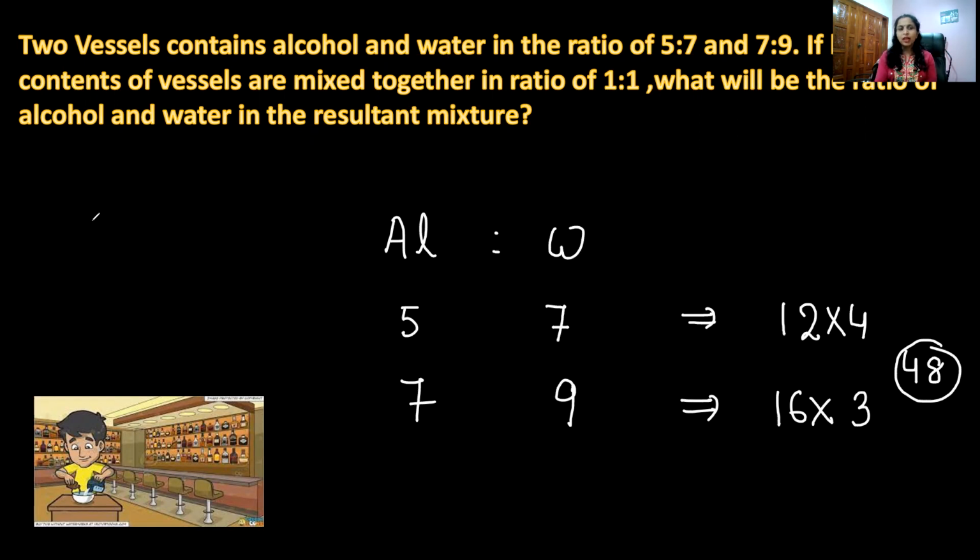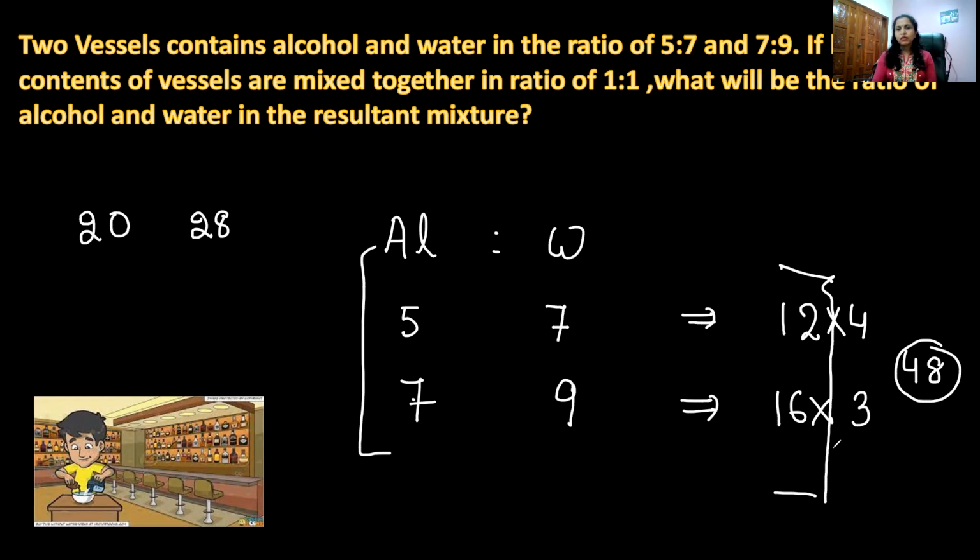So 20 here and 28 here. And here you just take it like a line like this. And now 7 times 3, 21 here and 27 here. After adding, 41 and 55. So this will be the ratio in the resultant mixture.